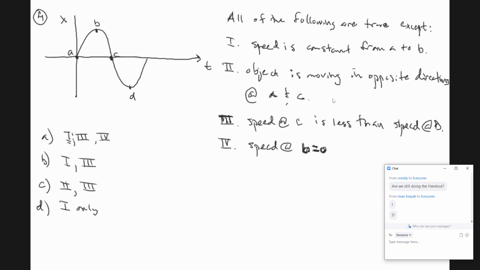You said X is displacement, right? Yep. So all the following are true except.